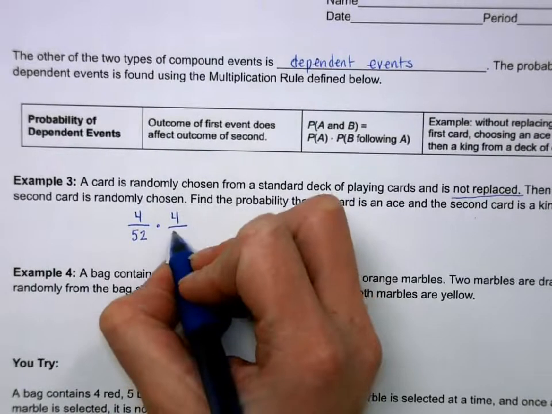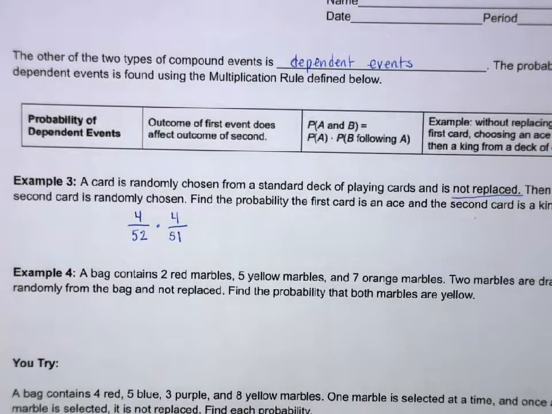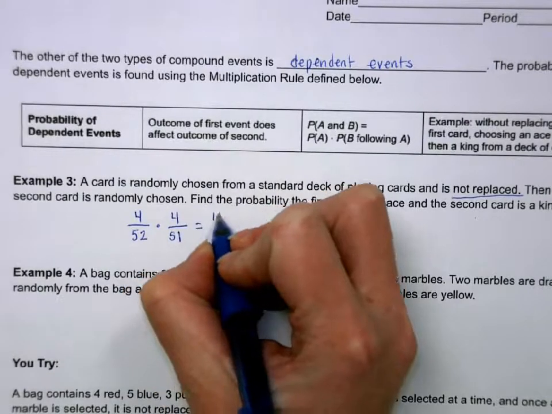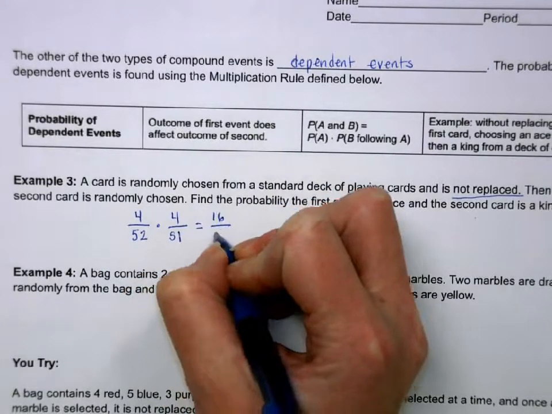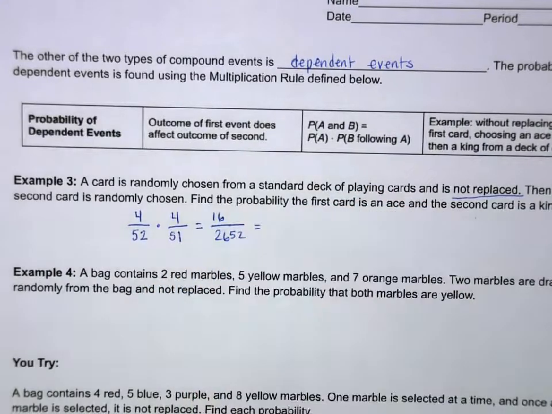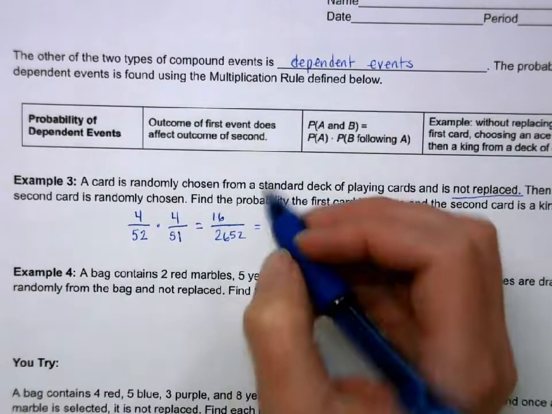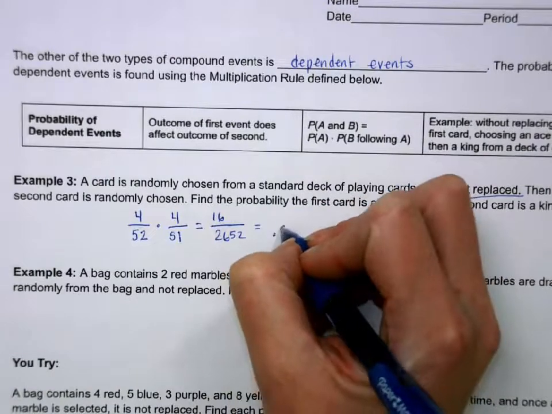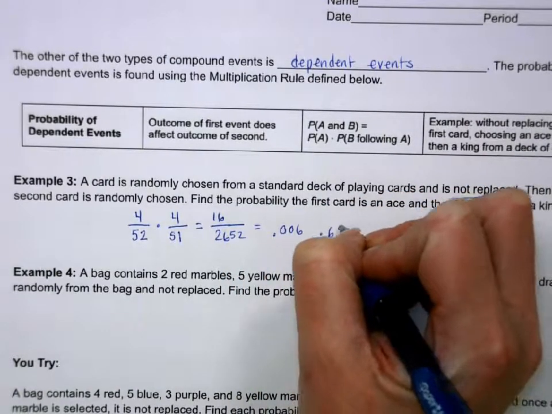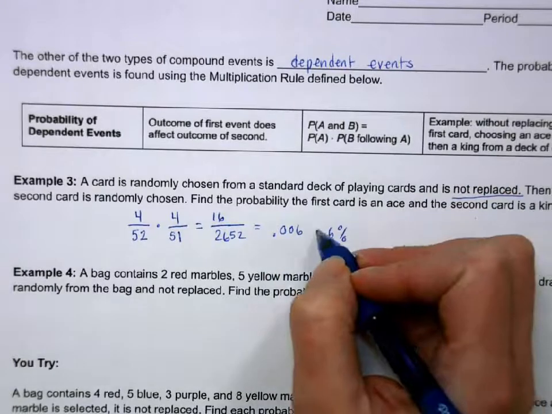There are only 51 because we took the ace out and we did not replace it. Okay, so this ends up being 16 over 2,652. You can divide this, and you get 0.006, which would be 0.6% chance of that happening.